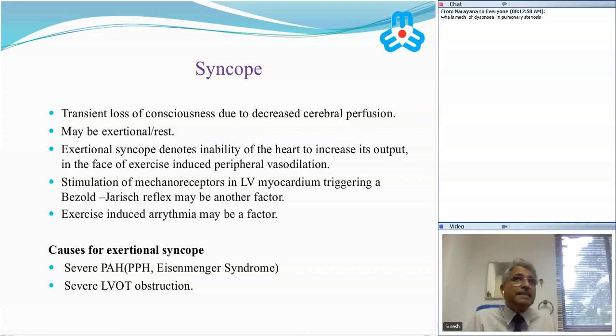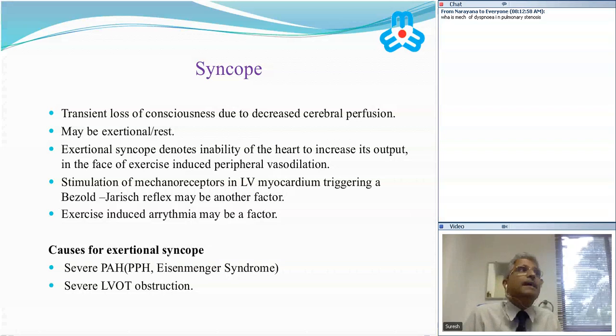When there is exercise, the skeletal muscles which are involved in exercise produce vasodilation. As a result, the peripheral vasculature is dilated. If the blood pressure is to be maintained, as you would know in ICU setting, in the context of a peripheral vasodilation, you need a greater volume. How does the body get a greater volume? The heart needs to pump, and the heart here is stuck.